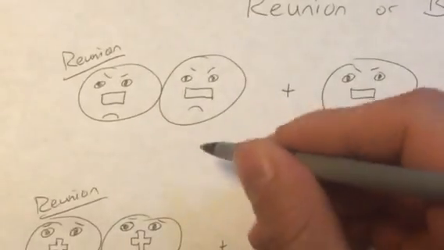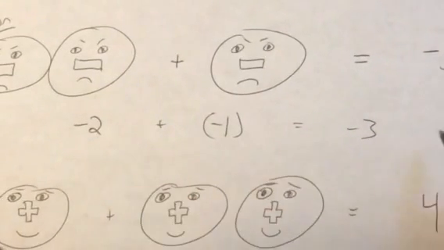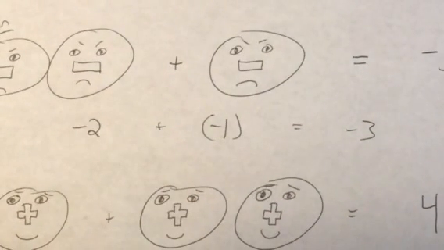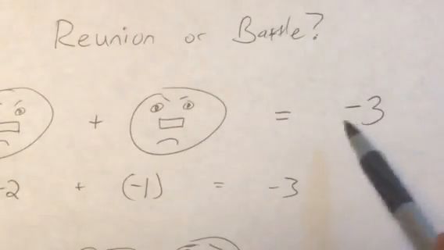Here, this would be negative 2 plus negative 1 equals negative 3. Again, you guys learned that concept a long time ago, you just never used it with negative numbers. So those would be reunions, where 2 of the same kind meet up with another of the same kind, creating more of the same kind. Here, 2 positives plus 2 more positives makes 4 positives.